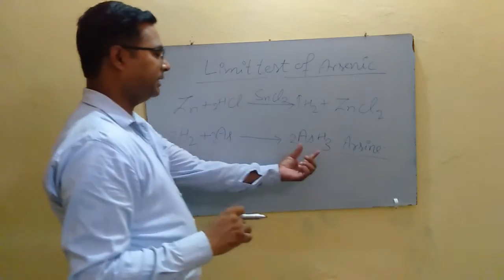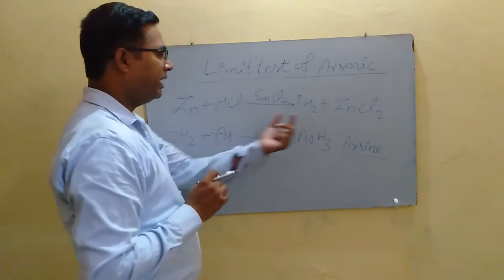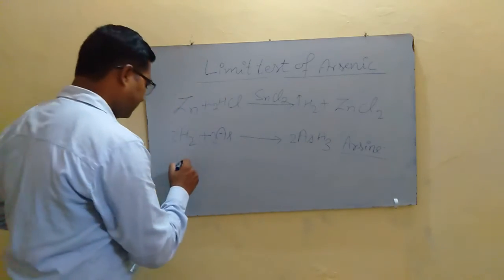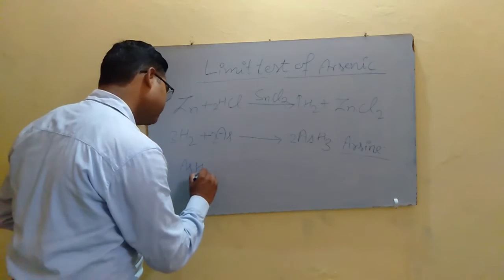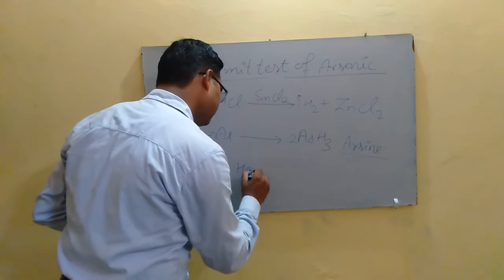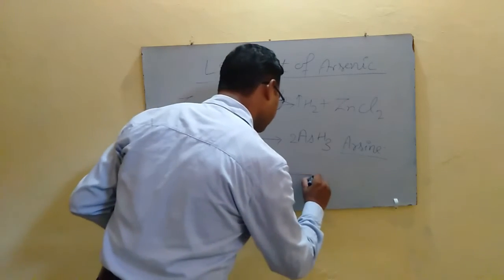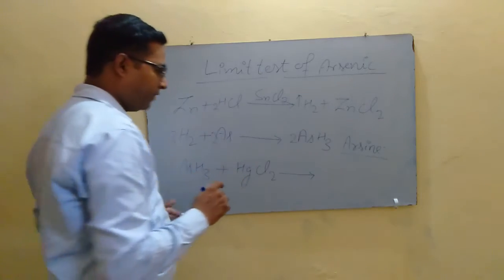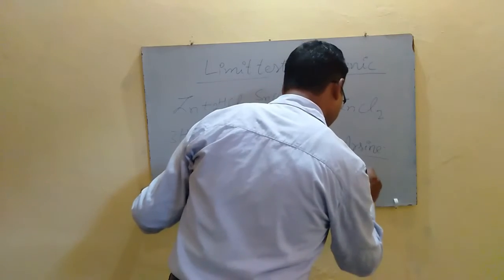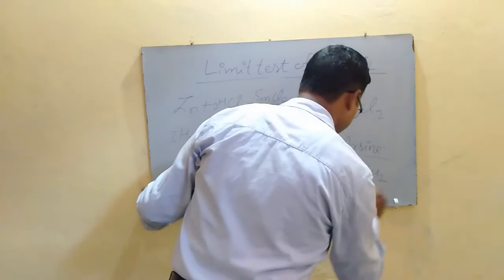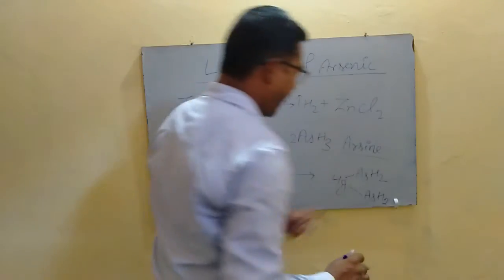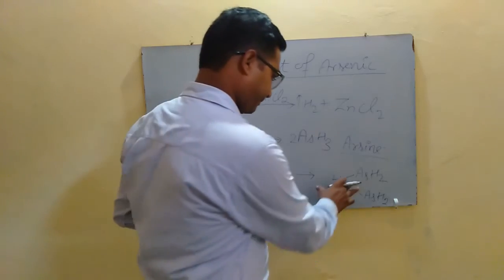This arsine gas, developed by the reaction of hydrogen and arsenic present in the sample, reacts with mercuric chloride and forms a yellow color complex.